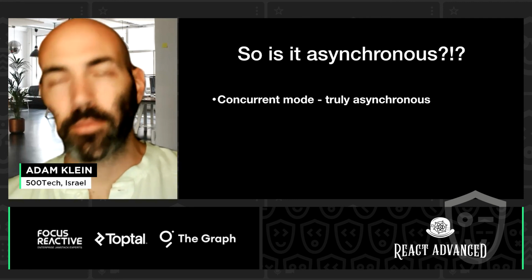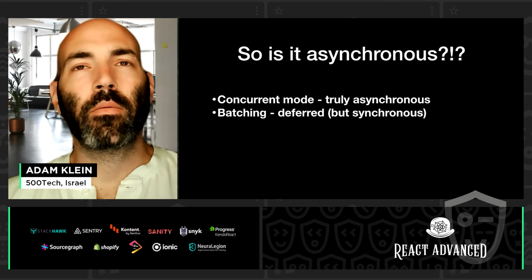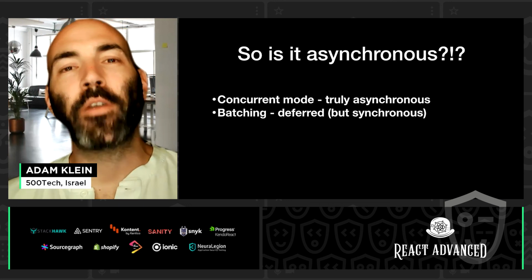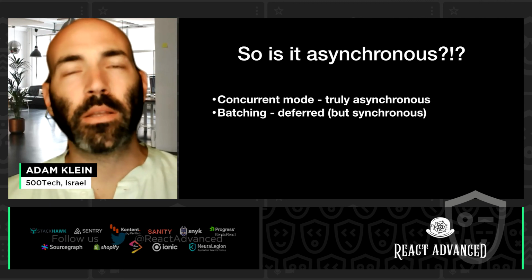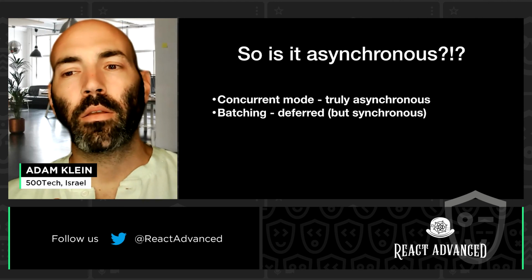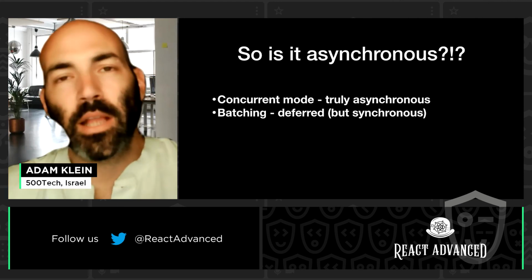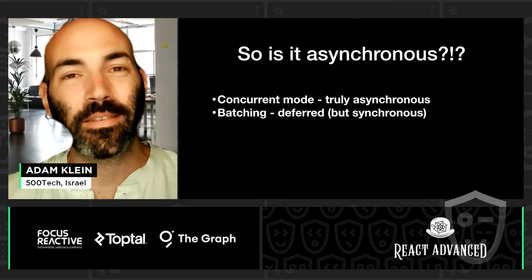And when we do batching, you can look at it as deferred. It's not truly asynchronous in terms of the event loop, but it's deferred. We call setCounter, and then we move on to our next statement, and the render still didn't happen. So it feels asynchronous.